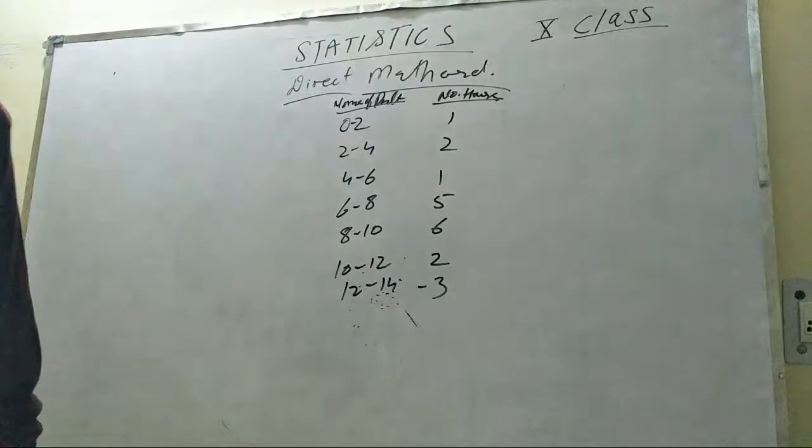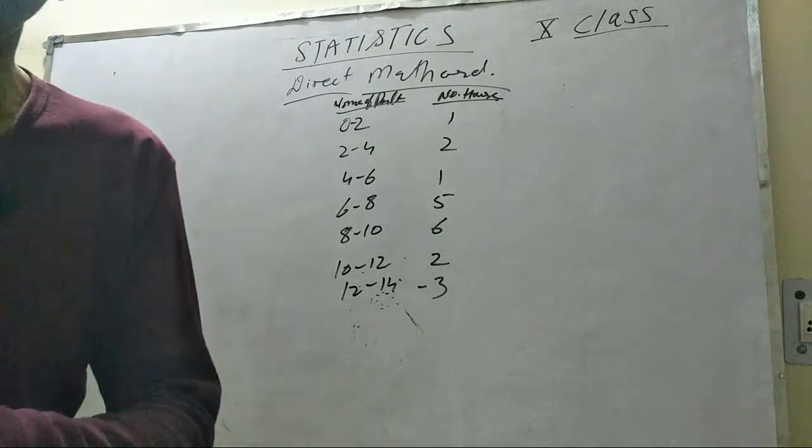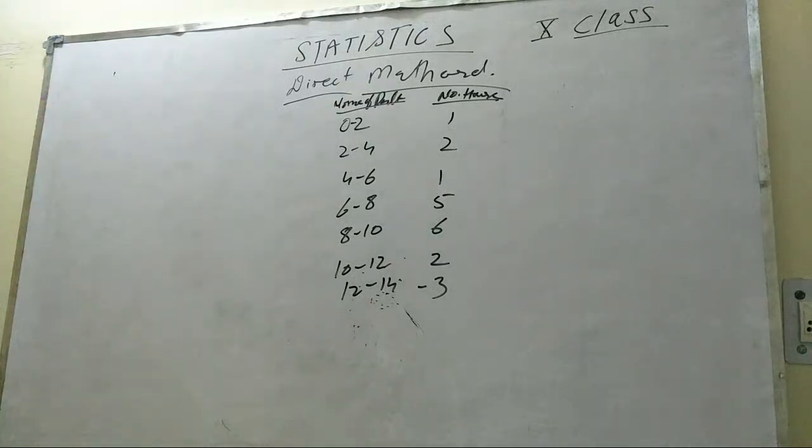First of all, we take lower limit plus upper limit divided by 2. We find the value of x.